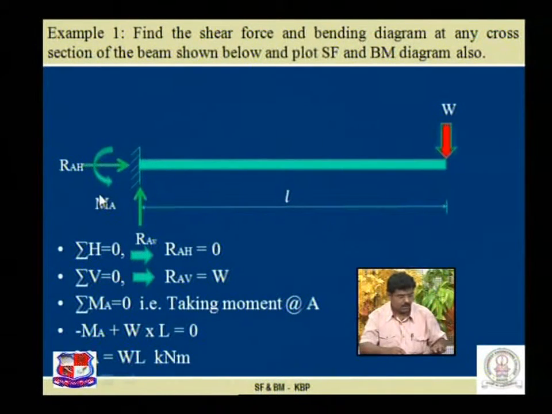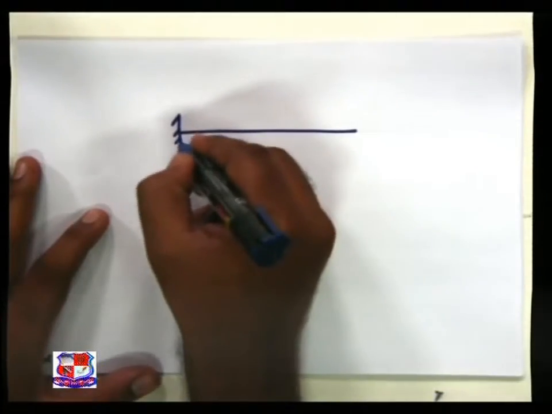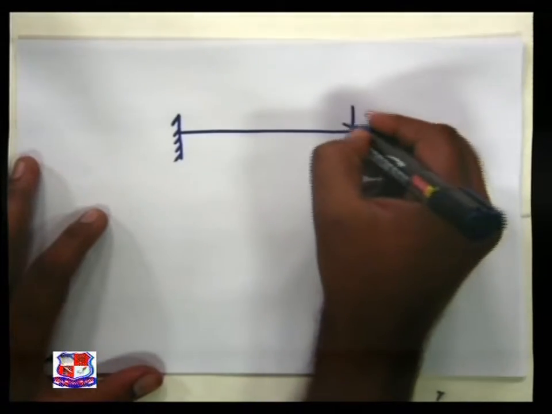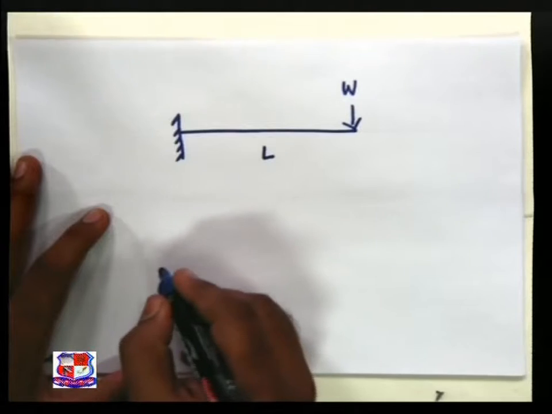Now here is the diagram. Let us understand it using this tabletop. The given beam is a cantilever beam, subjected to a point load W. Length L is given to us.